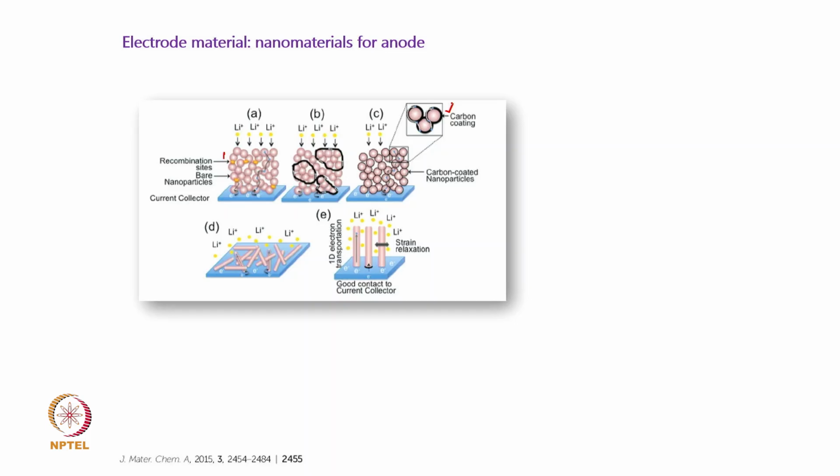Or one can also coat the nanoparticle with carbon. Chemically one can coat this nanoparticle with some carbon, and therefore this carbon coated nanoparticle gives a better electronic transport. So, this is one way.